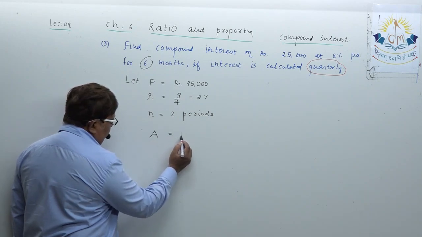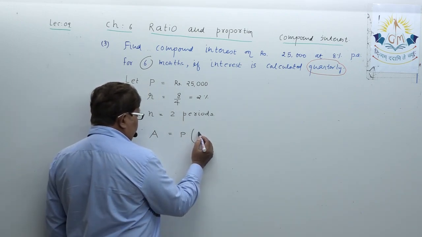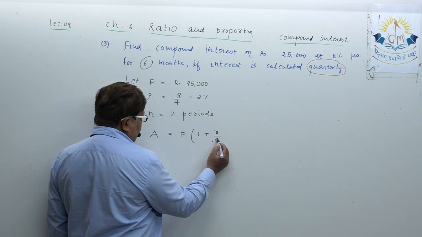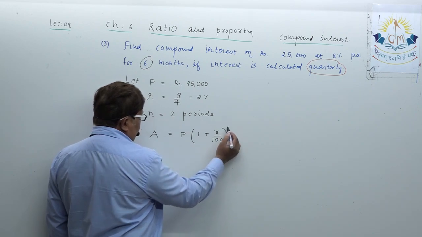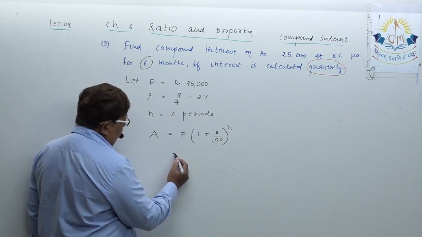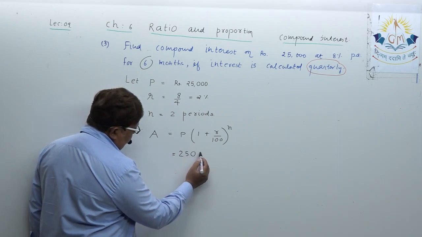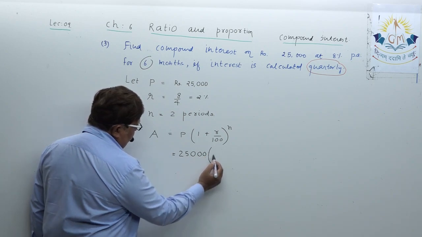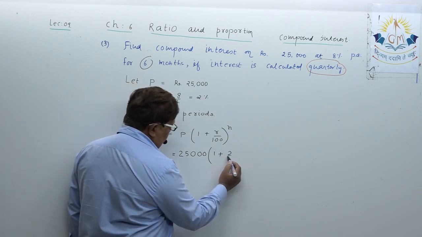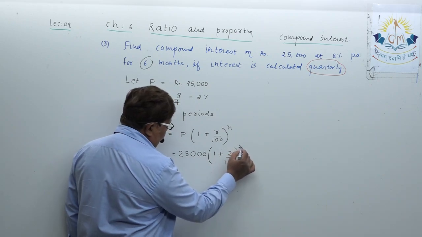Then as you know the formula: A equals P into bracket 1 plus r upon 100, raised to n. Let us substitute 25,000 in bracket 1 plus 2 upon 100, raised to 2.